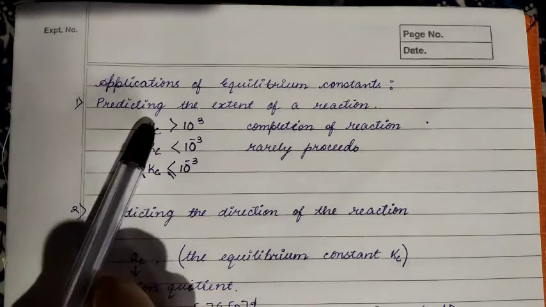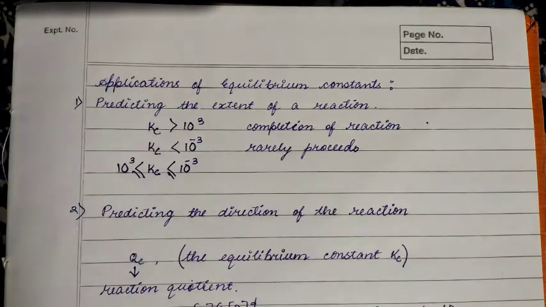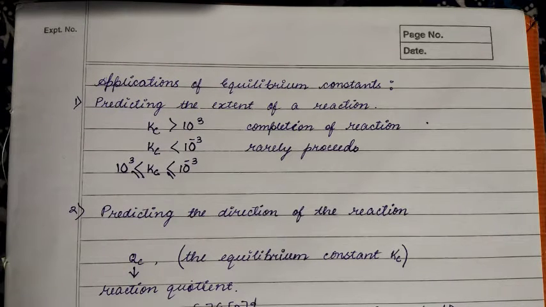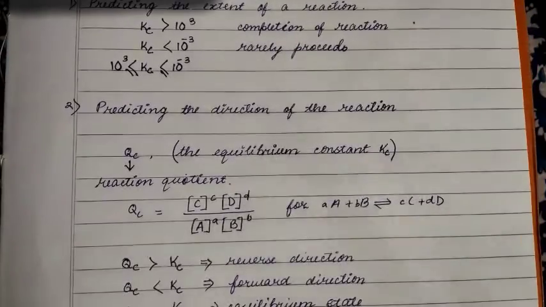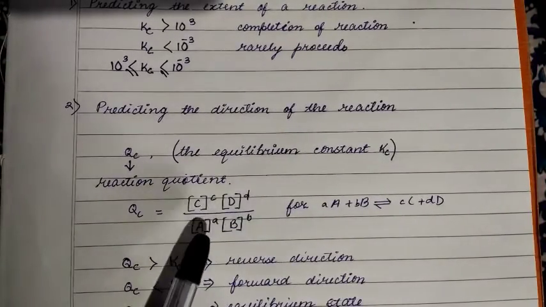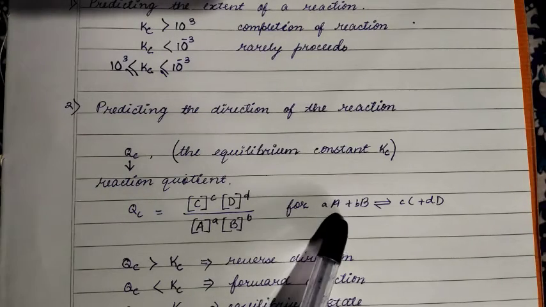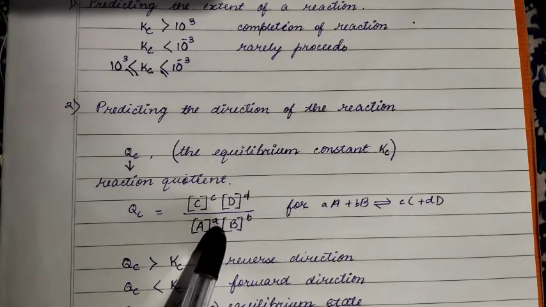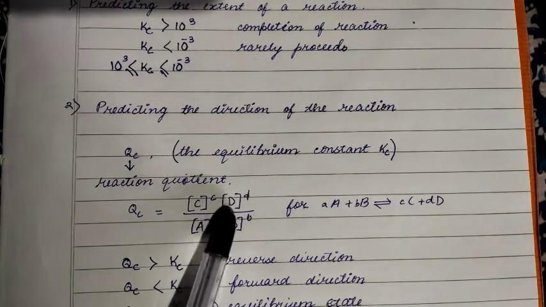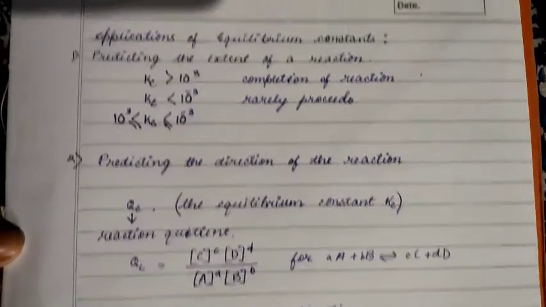So these are the conditions under which you can determine the extent of a reaction, because you have a formula for calculating Kc depending on the concentration of the reactants and products. Let me show you. This is the formula for Kc, isn't it? For a generalized equation like this, and if you know the concentrations, you can determine Kc.